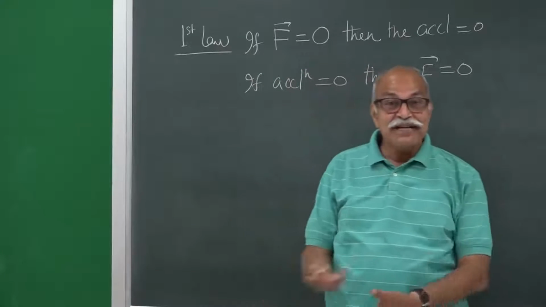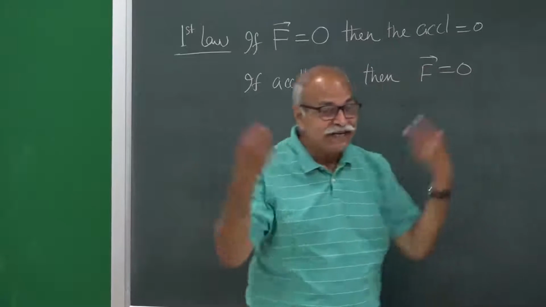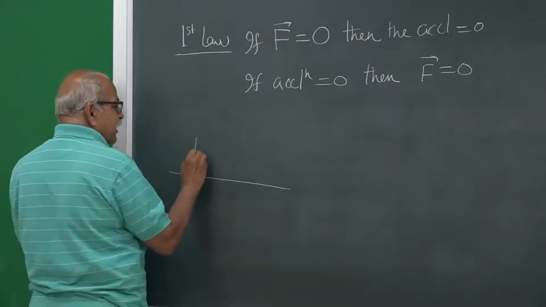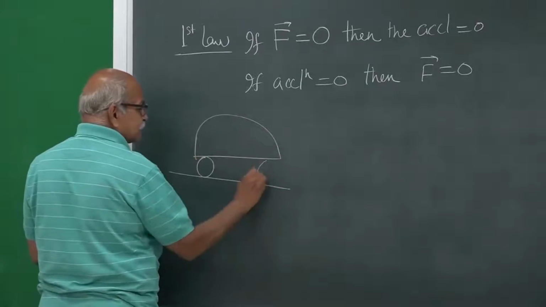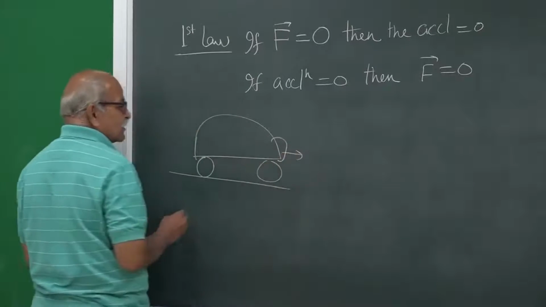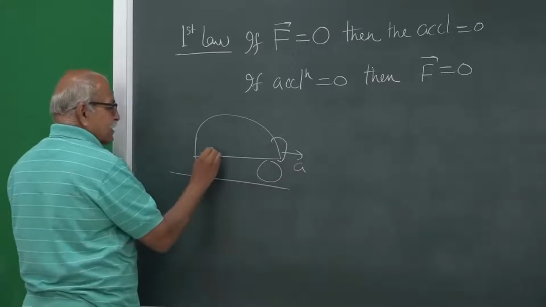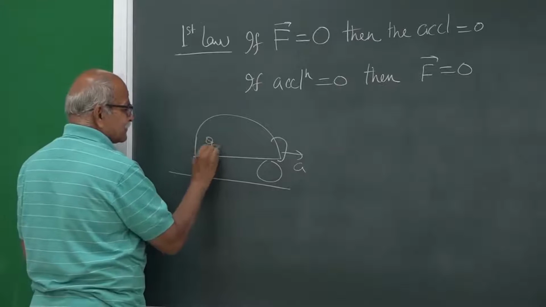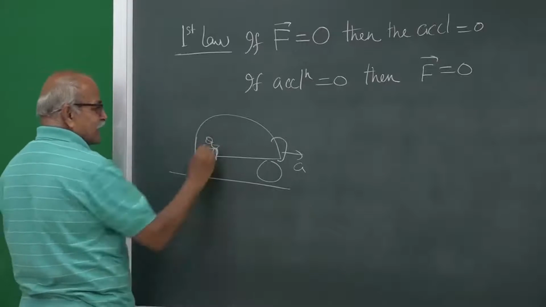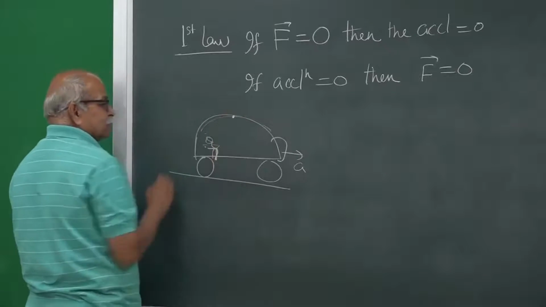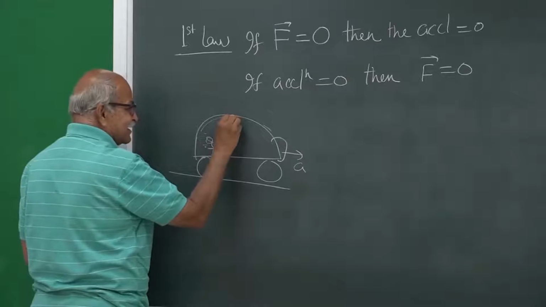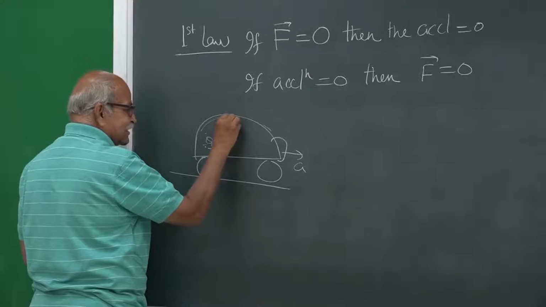If I am in a rotating frame, or let us say I am in an accelerating car, sitting somewhere here on the seat, and from the car's body some pendulum is hanging. What do I see?